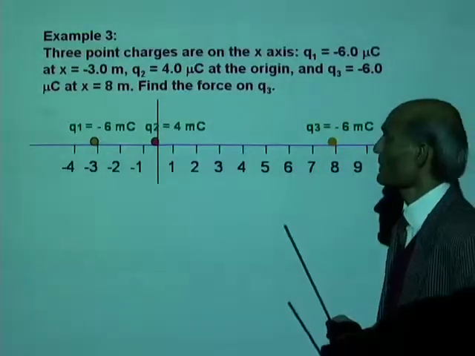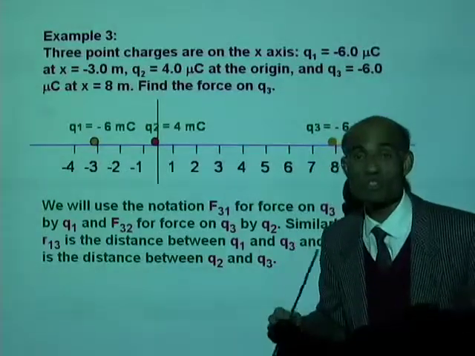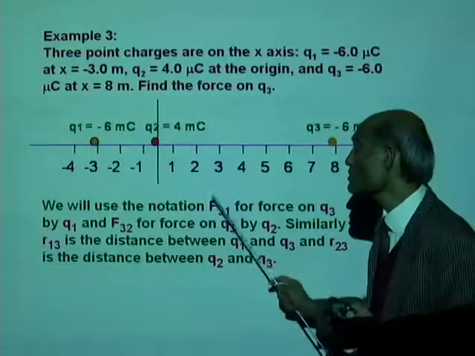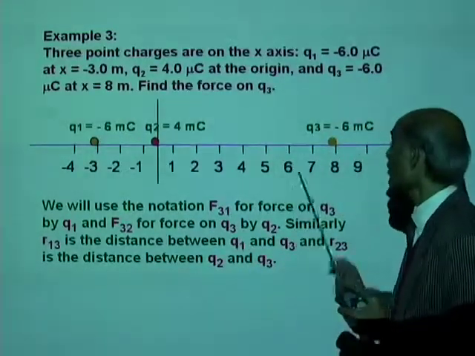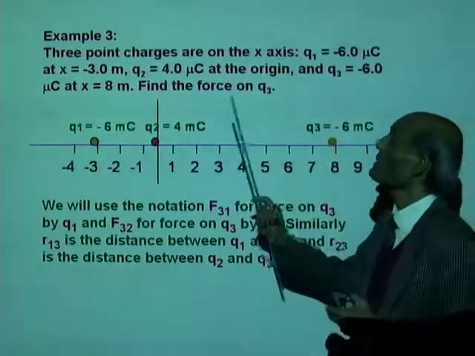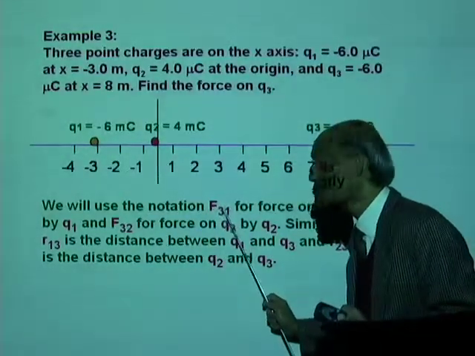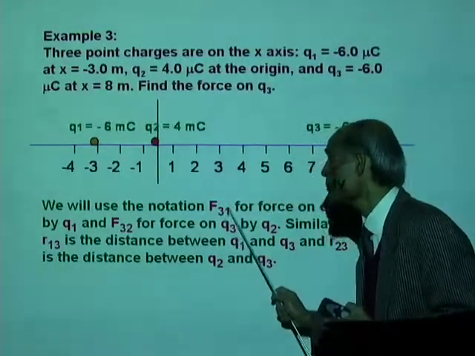Anyway, we will use some notation, so let's explain what that notation is. We will use the notation F31 for the force on Q3 by Q1. So what does F31 stand for? Force on Q3 by Q1.